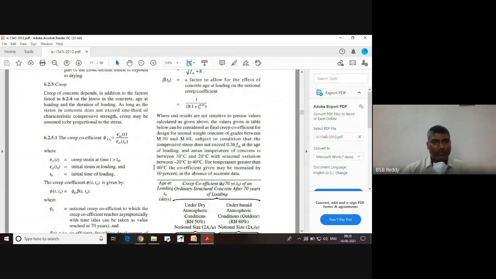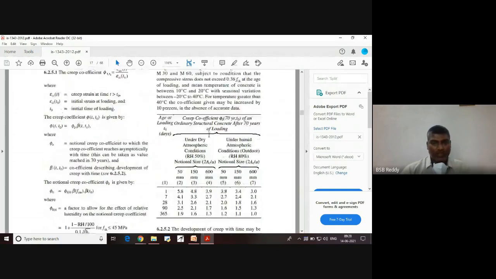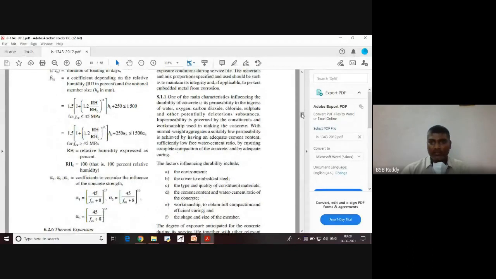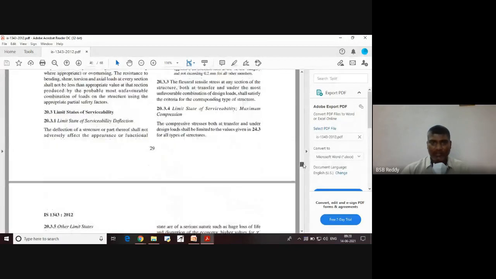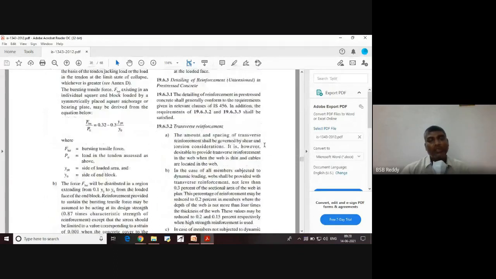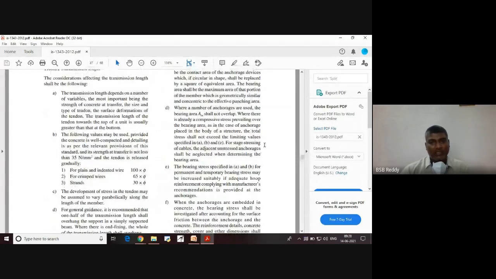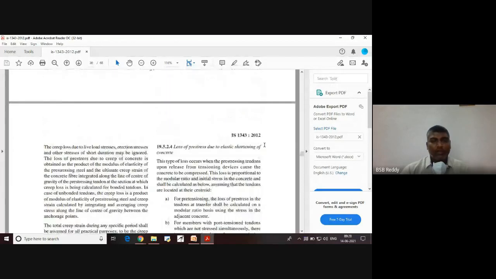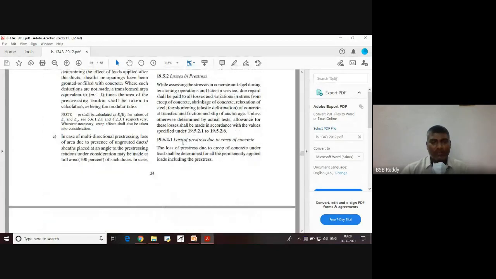That is also available in 6.2.5. Okay. So this is regarding the losses in pre-stress due to shrinkage and creep, where they are pointing to, you can see even 19.5.2.1 creep.